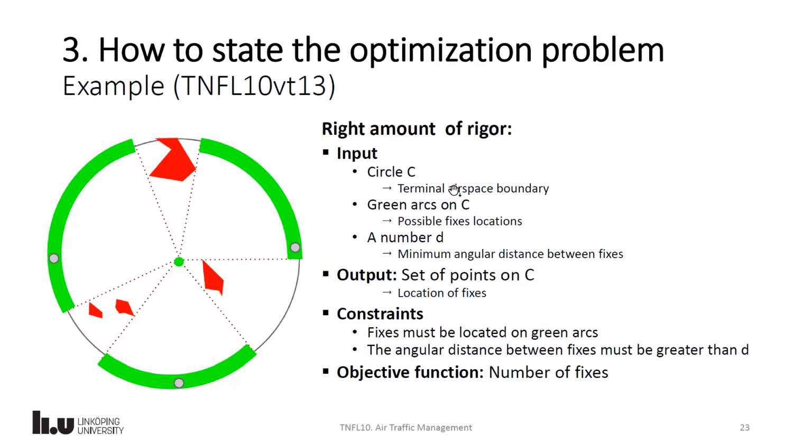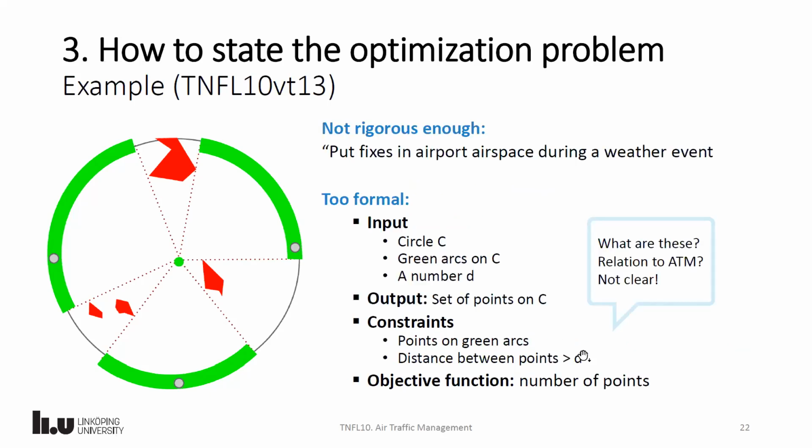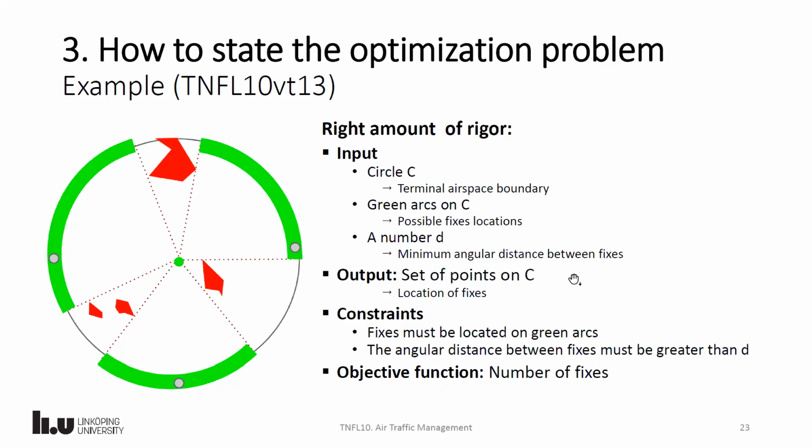And also we have what they represent. How are they related to the actual ATM problem? So the circle C represents the terminal airspace, the arcs represent the possible fix locations, etc. So we have come from this, which is just a sentence that is not an optimization problem at all, to this that is too formal and means nothing related to ATM, to this which is a mixture.